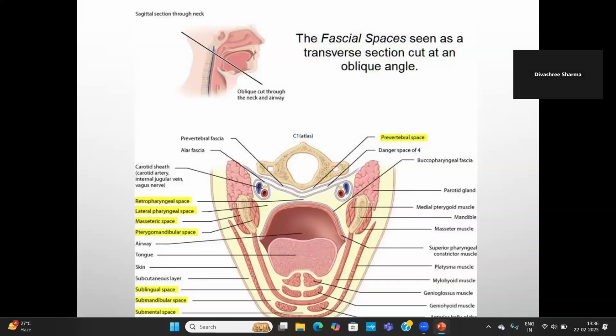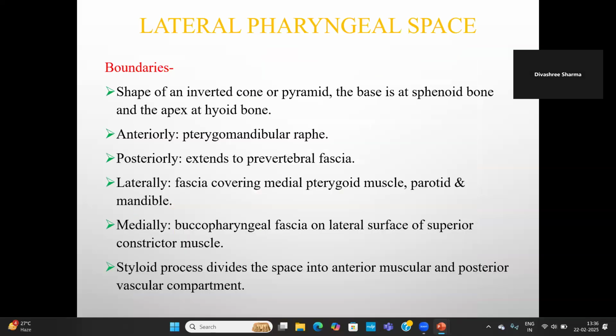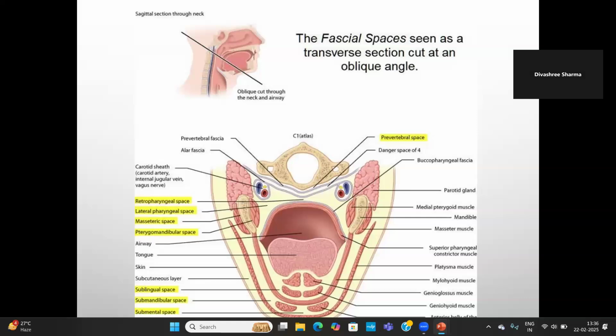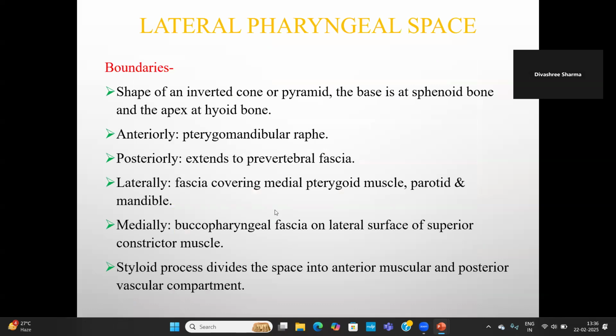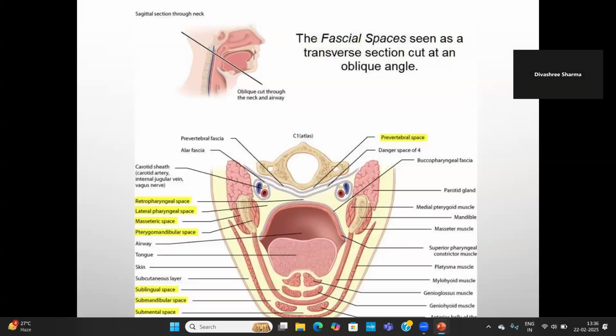The pterygomandibular raphe, which would be somewhere over here. Then the prevertebral fascia. Another boundary would be this. Laterally, the fascia covering the medial pterygoid muscle, parotid, and the mandible.